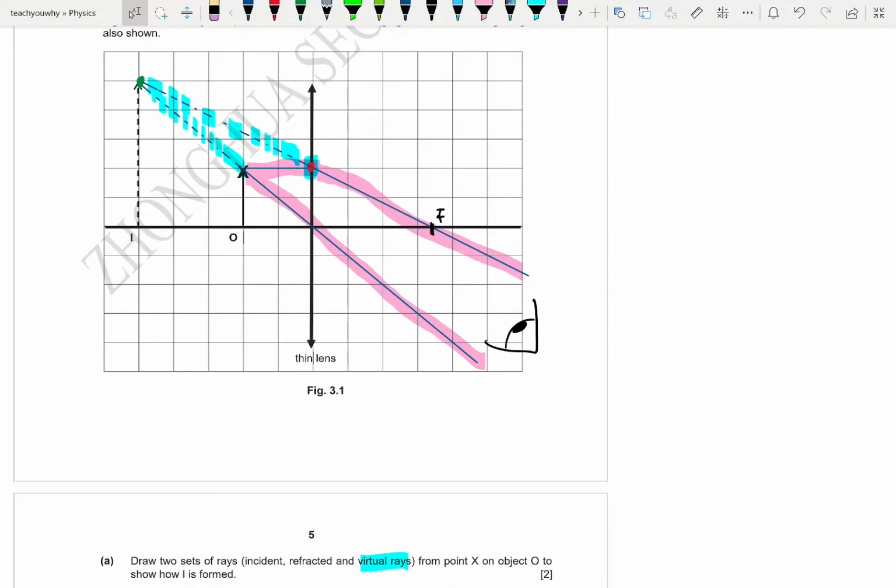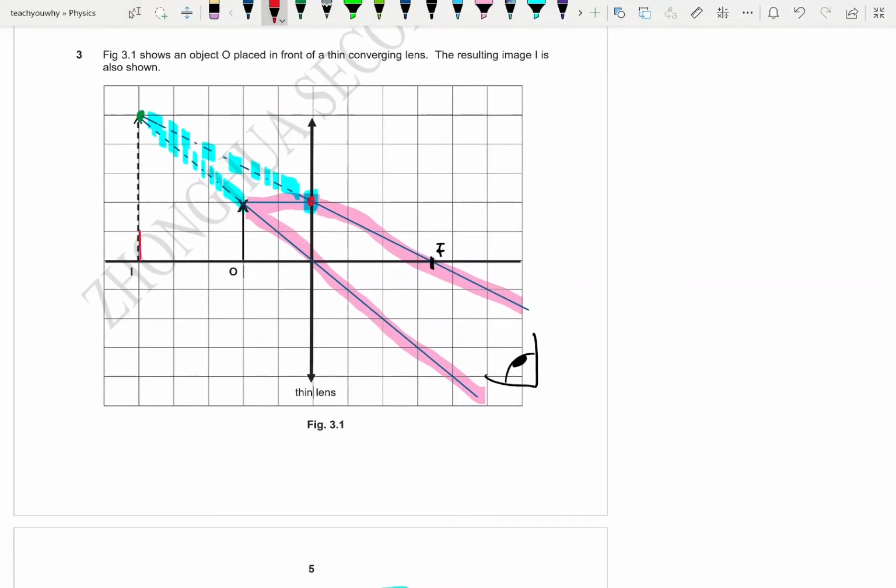Look, this part here is what we call the image, and this line here is your object. Let's think about it. If we compare the height of the object, which is 2 units, whereas the height of the image is 1, 2, 3, 4, 5 units, what can we say?